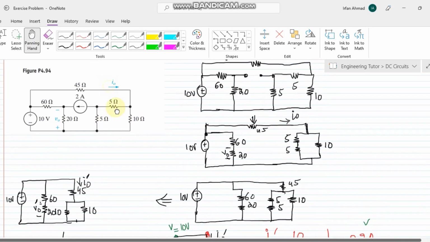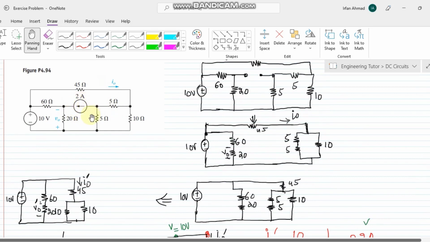Similarly, now let us consider the current source here. Assuming the current source here, we have to represent the voltage source by its internal resistance, and the internal resistance of the ideal voltage source is always 0, as I have mentioned earlier on.